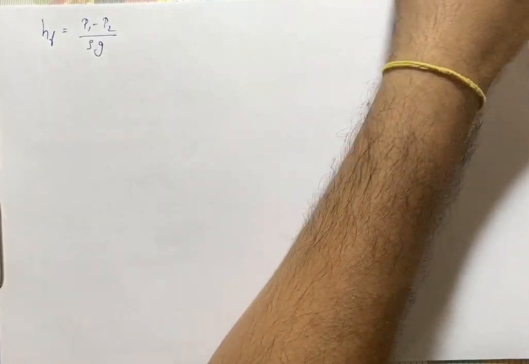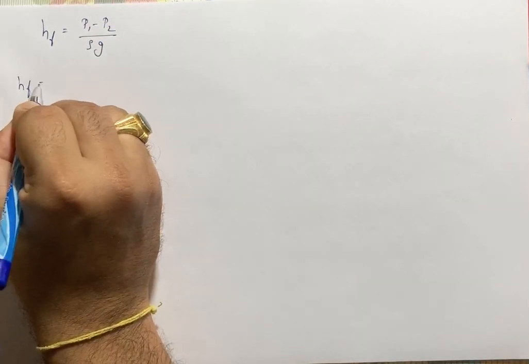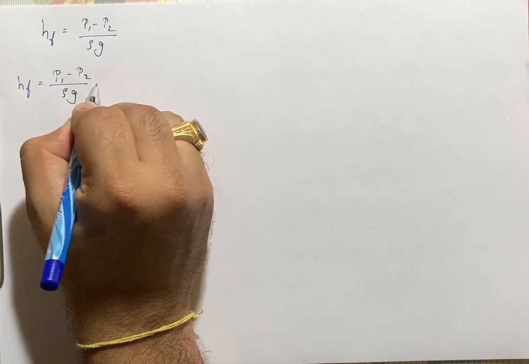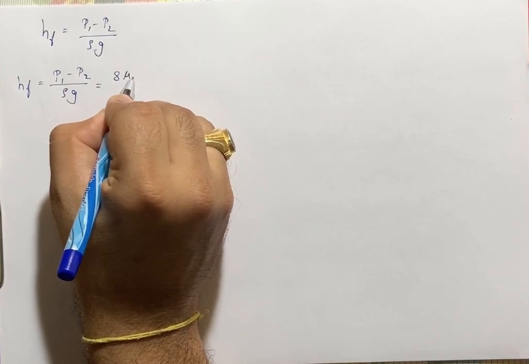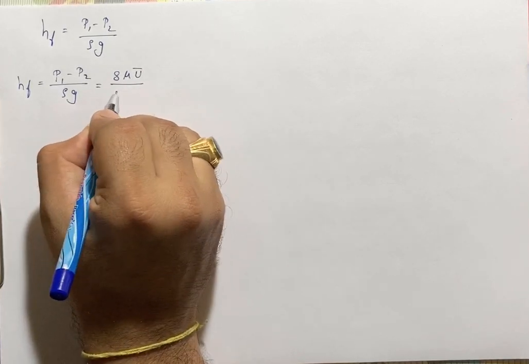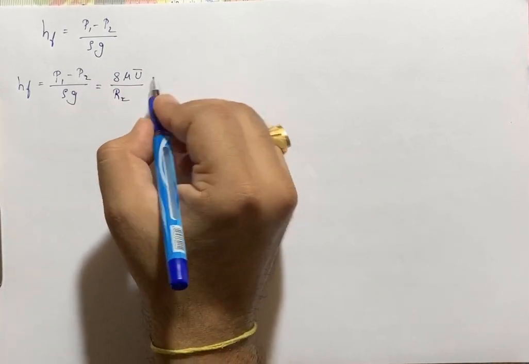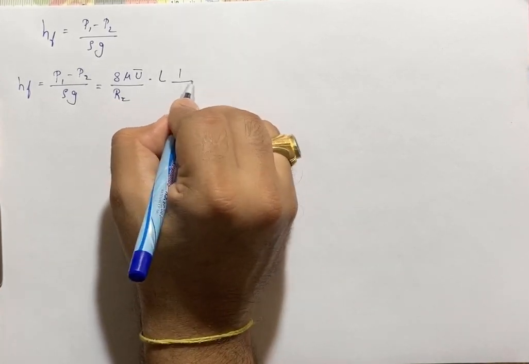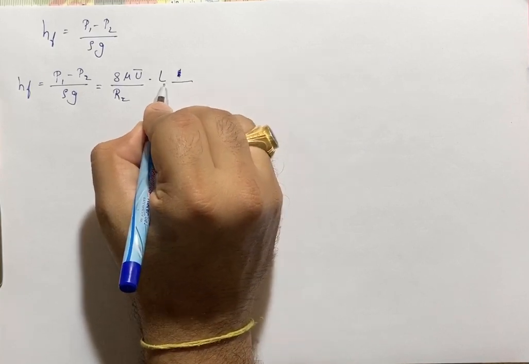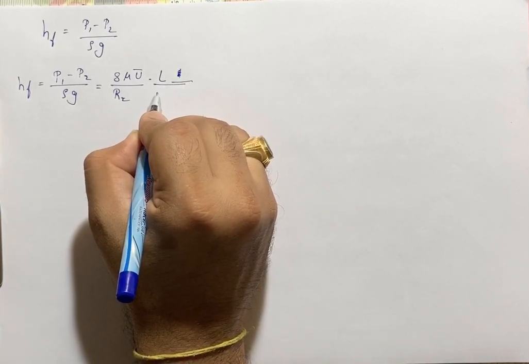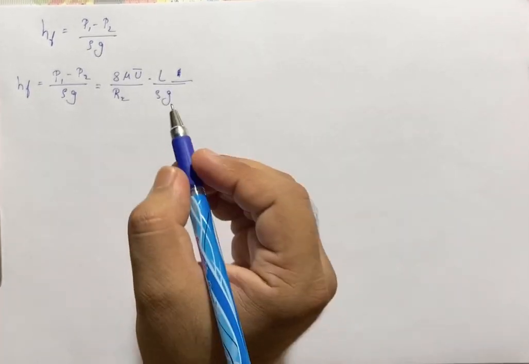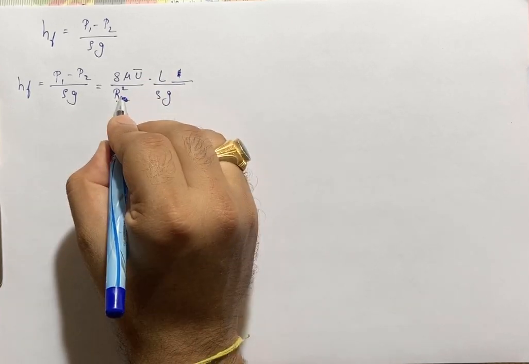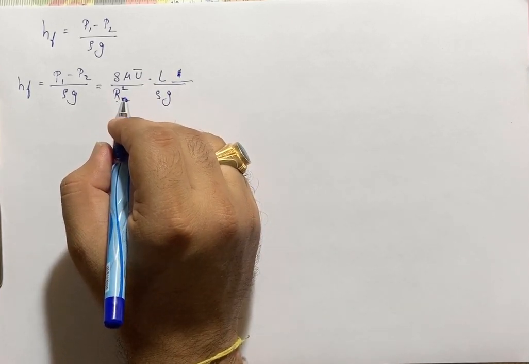when I substitute that value, hf is equal to p1 minus p2 by rho g, which is equal to 8 mu u bar divided by r square into L, divided by rho g here, right. Now what is r? Sorry, this is not r2, it is r square. What is r here? r is nothing but the diameter by 2.